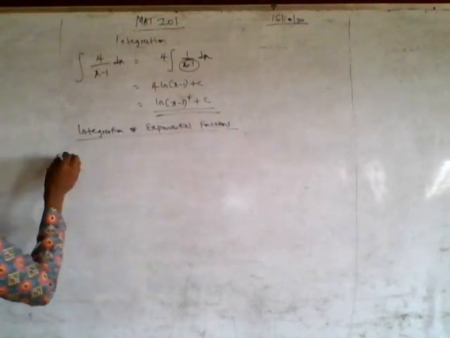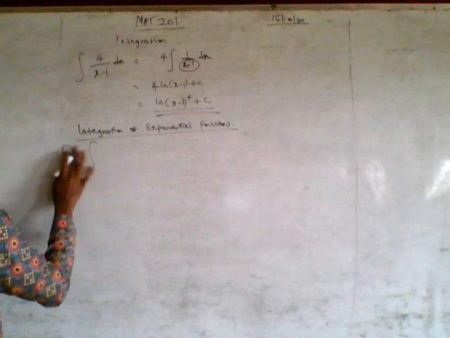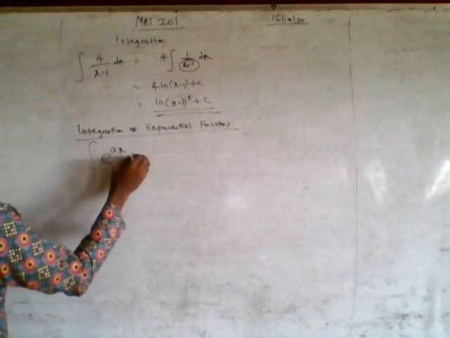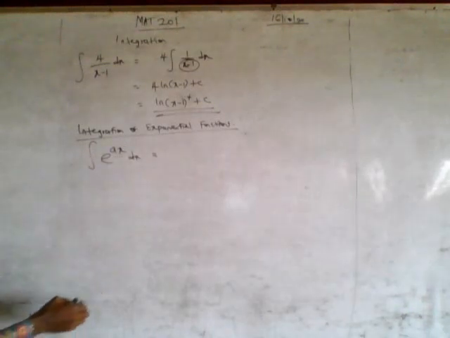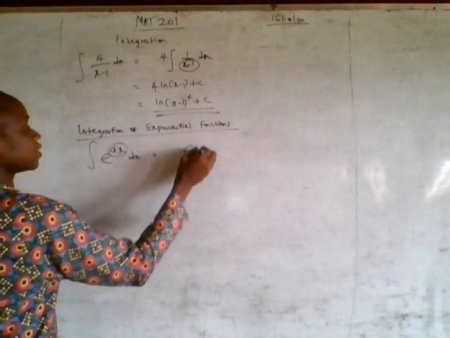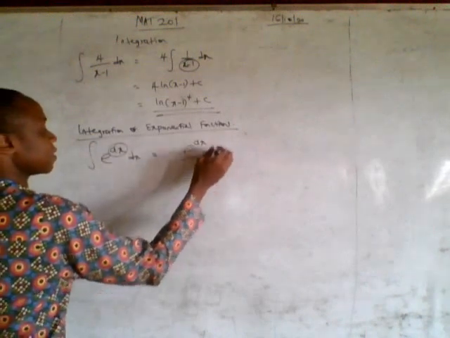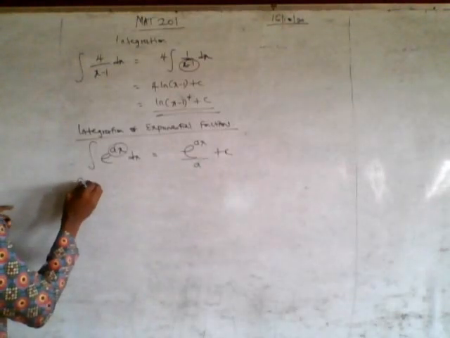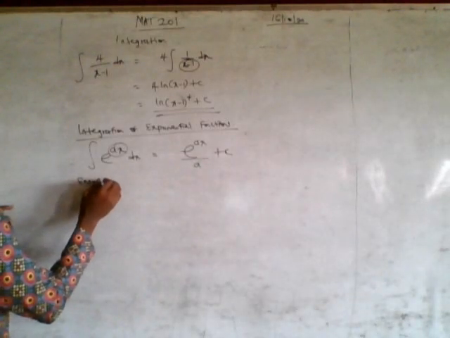Number one, the rule is this: if I want to integrate exponential ax with respect to x, we differentiate this, you have a. So exponential ax over a plus c, where a is a constant. All right, examples on that.